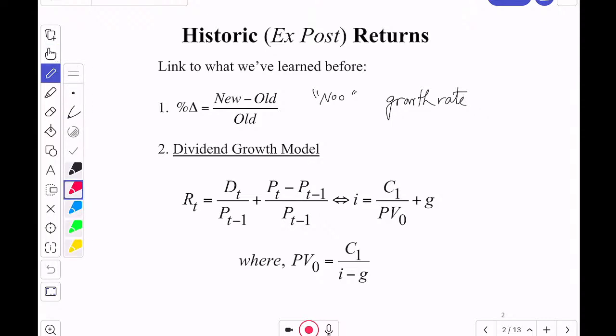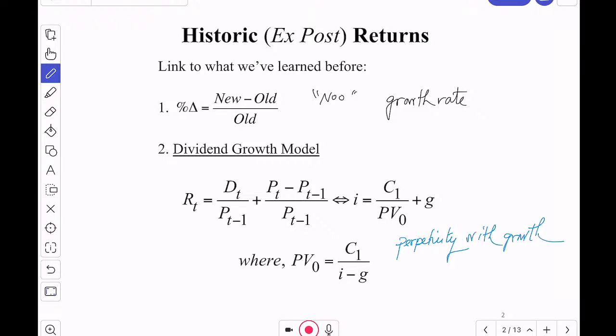This is the formula of perpetuity with growth. And we use it to value stock when we have information that a company is issuing a dividend, and then the dividends will subsequently grow at a constant rate.